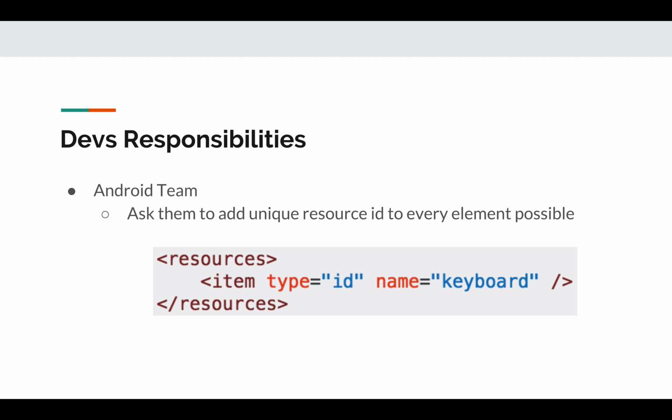Another challenge which we faced was giving another responsibility to the developers, which is helping the test automation team. We asked our Android team developers to provide the unique resource ID to almost all the elements available on the page.